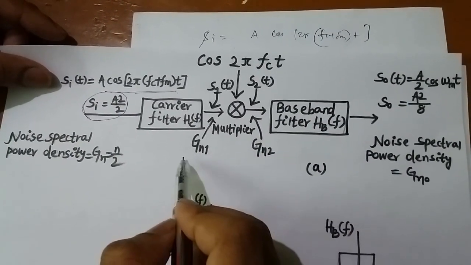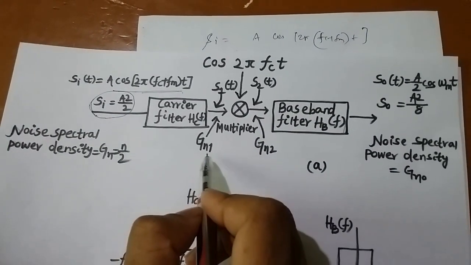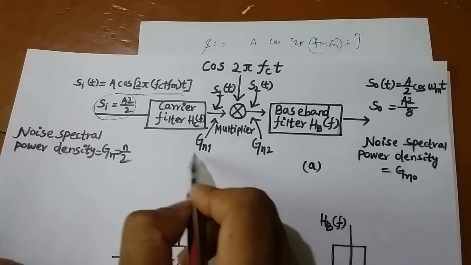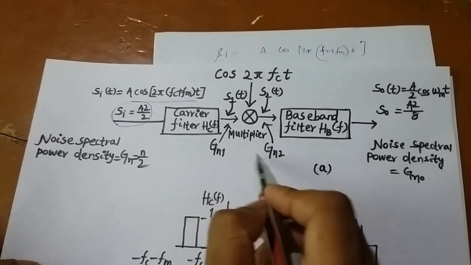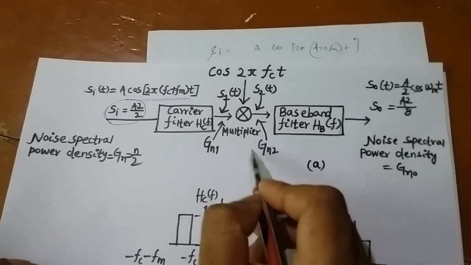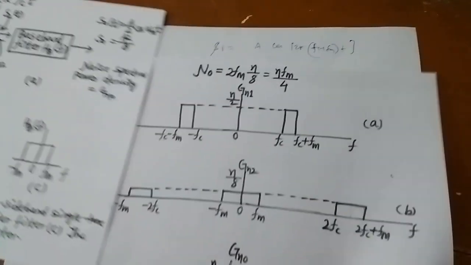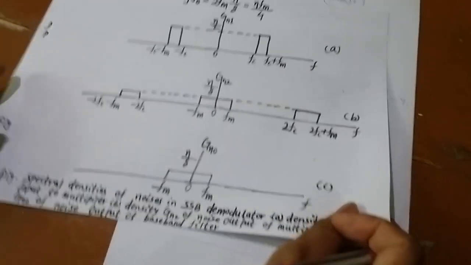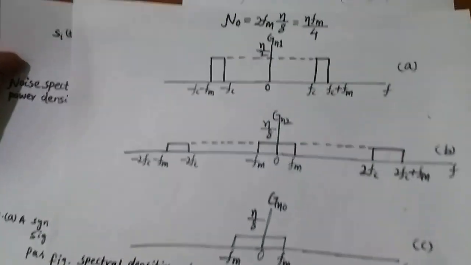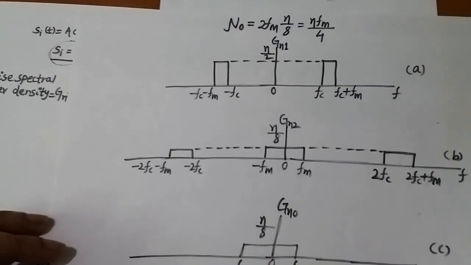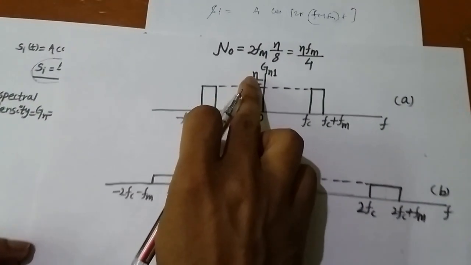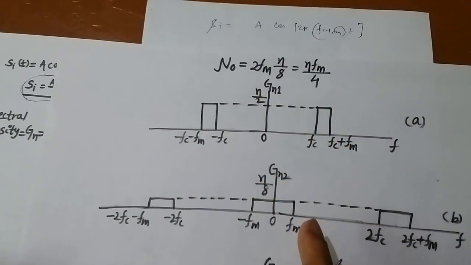Now for the calculation of noise, the power spectral density of noise here is Gn1, and after the multiplication the power spectral density of noise is Gn2. Now we will only discuss the noise portion. You can see the noise before the IF filter has a power spectral density of eta by 2.